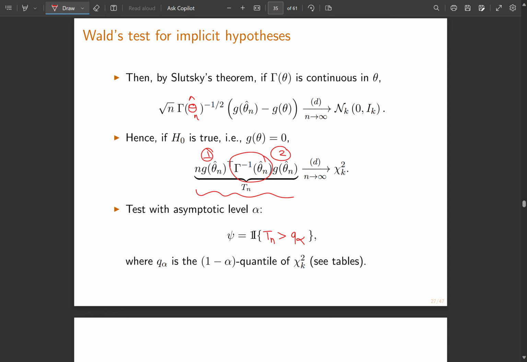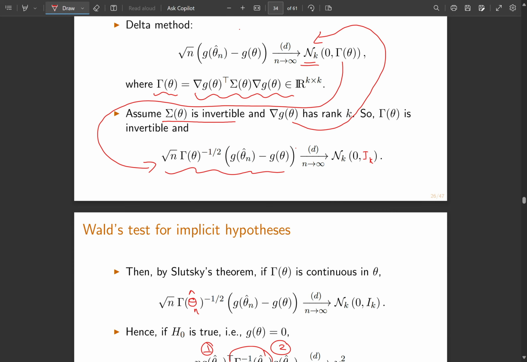Just to recap what we learned today. We learned about Slutsky's theorem and how you can apply Slutsky's theorem to the expression we derived earlier in our last session.